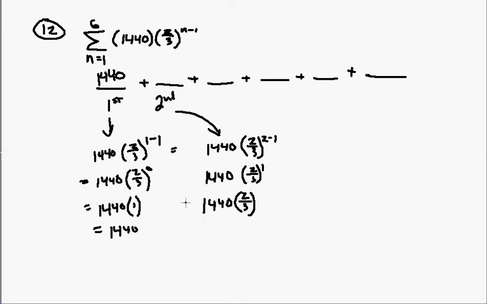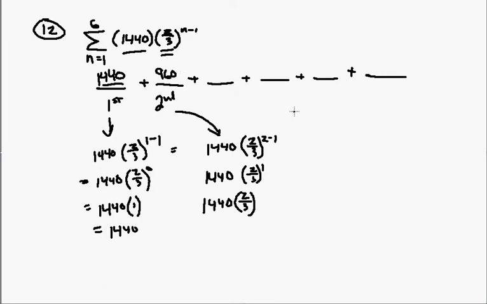So 2/3 of 1,440, I get 960. So our second value is 960. There are a couple things that we notice here. First, the value of the first term is 1,440, and this is our ratio, 2/3.